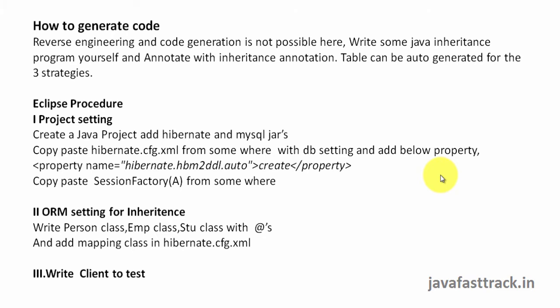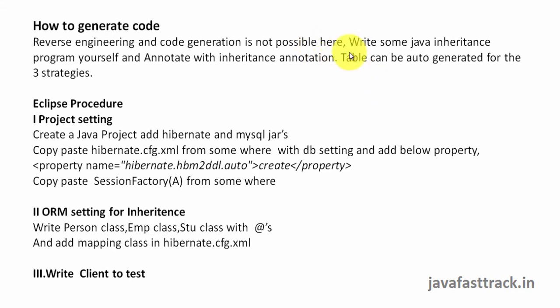Now I will show you how to work with inheritance mapping in Hibernate. Mapping files, as I told, it is not so easy to write. So I'm going with annotation based approach. As I told, reverse engineering and code generation is not possible here because there is no inheritance concept in RDBMS.